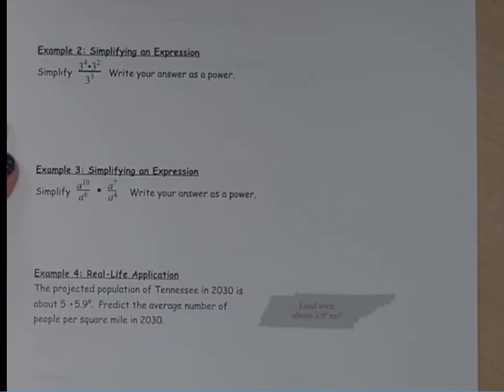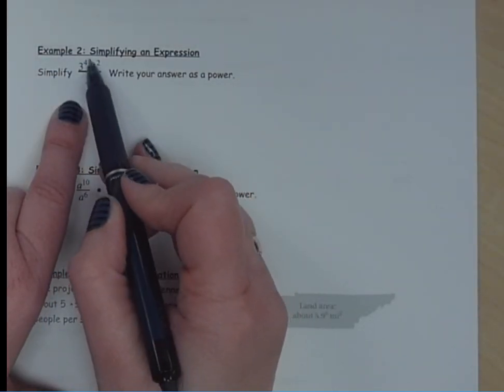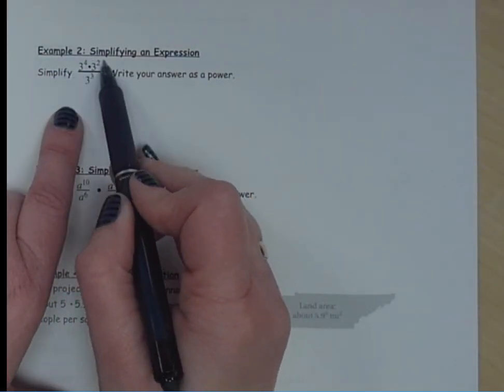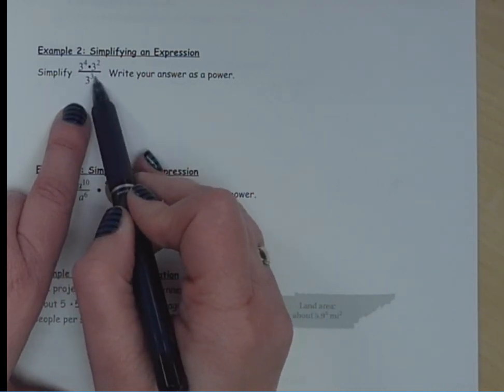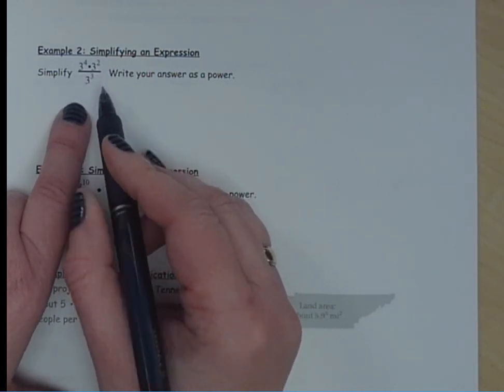Now, when we start to simplify these, honestly, there are a lot of different ways to do this. Depending on how you choose to simplify, your work may look a little different, but in the end, all of our answers should be the same. I'm going to take this as one expression and a second expression. So I'm going to deal with this first.